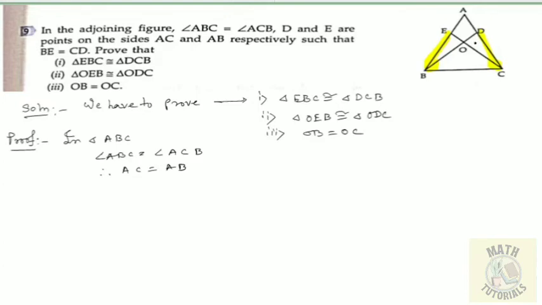We know that in an isosceles triangle the sides are equal. These are sides opposite to equal angles.